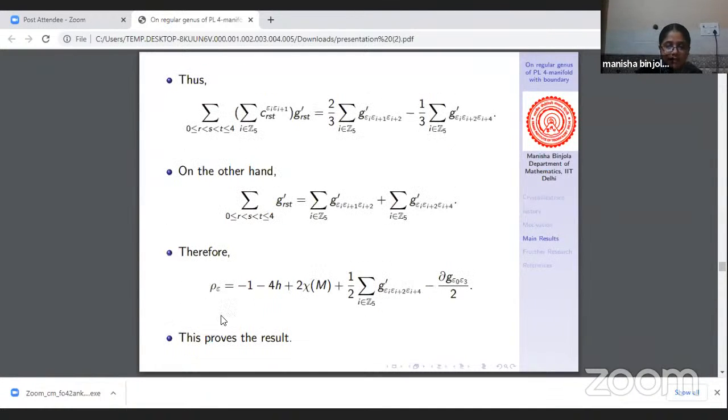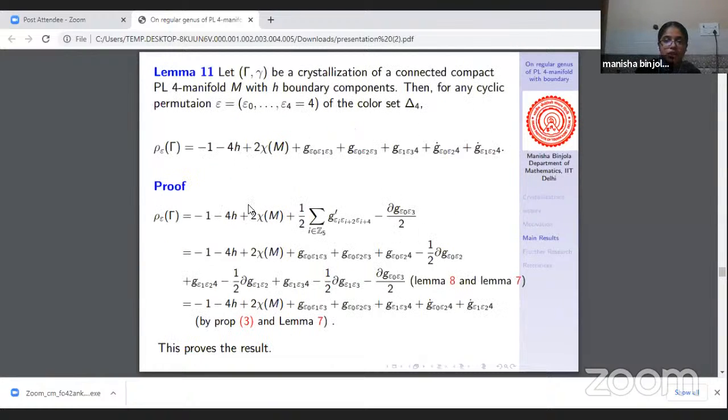Now, in the last result, we proved rho epsilon in terms of G dash, and G dash comes from gamma dash. Now we use our known lemmas to show that we can write rho epsilon in terms of G's only, which is related to gamma only. We don't have to go to gamma dash.